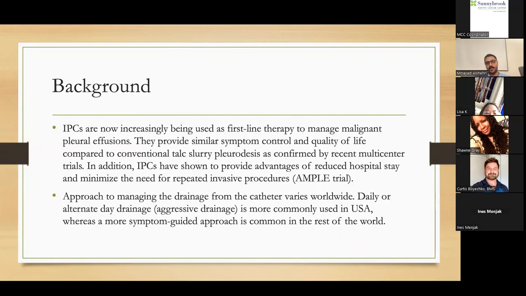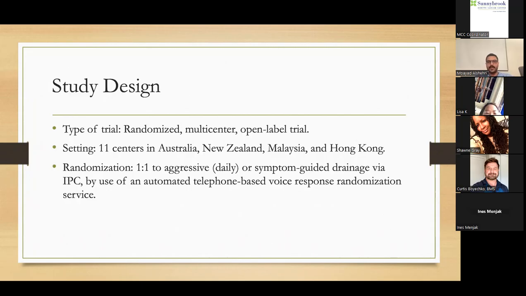And the question was, should we do aggressive drainage versus as needed, and how would that change things? Some retrospective observational studies looked at that, and there was this thought that maybe doing daily versus as needed will expedite the spontaneous pleurodesis that we mentioned earlier.